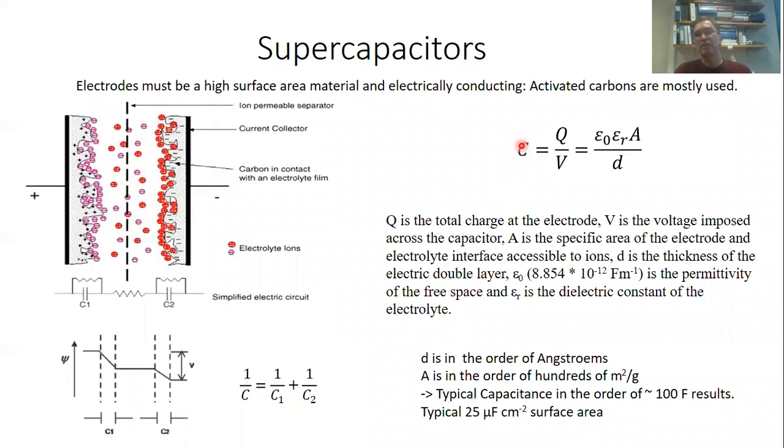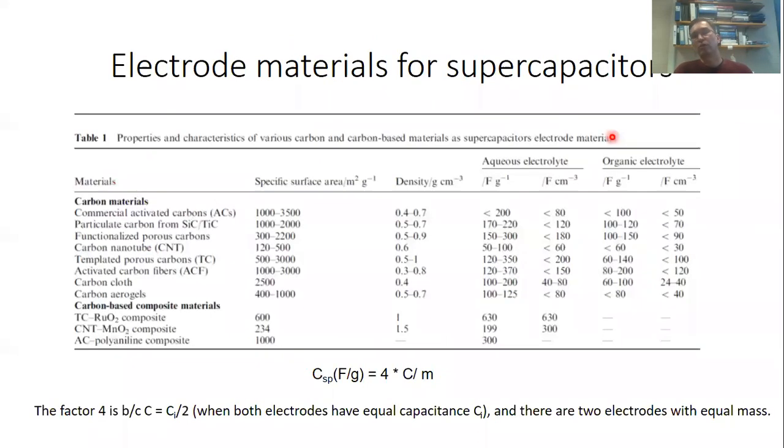Okay, so the capacitance only increases linearly with the dielectric constant, but the energy increases with the square of the voltage. So therefore, for high energy applications, organic electrolytes are typically more useful than aqueous electrolytes.